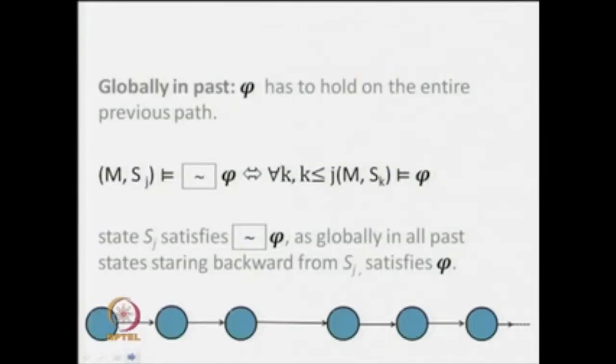The meaning is similar to our globally operator in future, but here we are going to talk about the past. Say this is my model M. We are going to look at one particular state, say S j, and ask whether globally phi holds in S j or not.